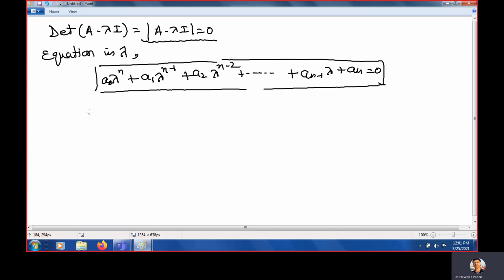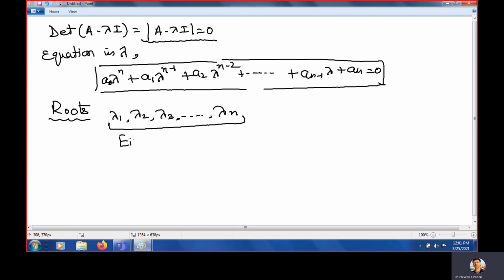And if you find the roots of this characteristic equation, what will be the roots? Lambda 1, lambda 2, and so on. Because it is an nth degree equation, there will be n characteristic roots. You need to remember that these n roots, lambda 1, lambda 2, are called eigenvalues.